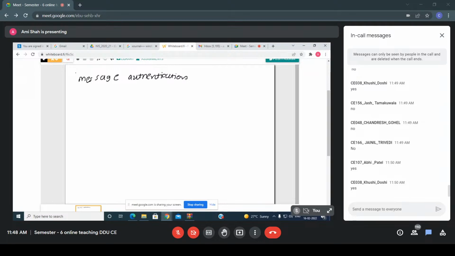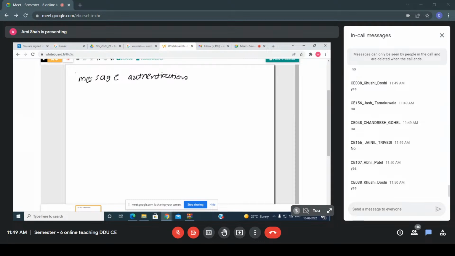Now the question in your mind: how can Bob ensure the message is coming from Alice? One way is to use a symmetric key setup, where they agree on a common key.